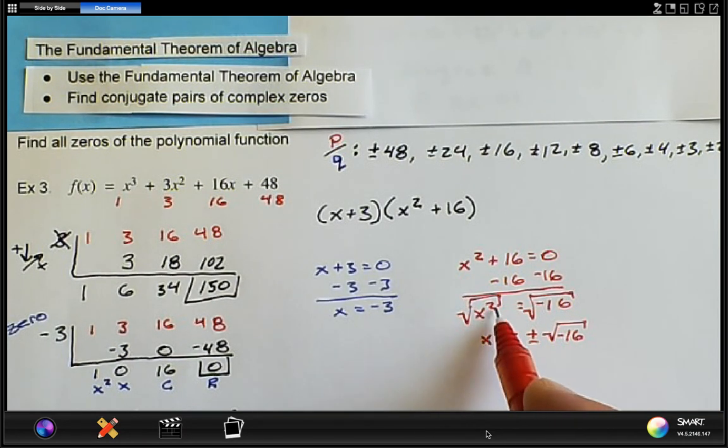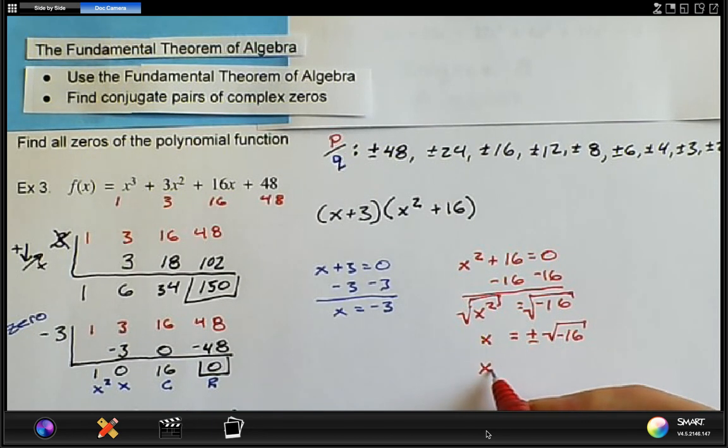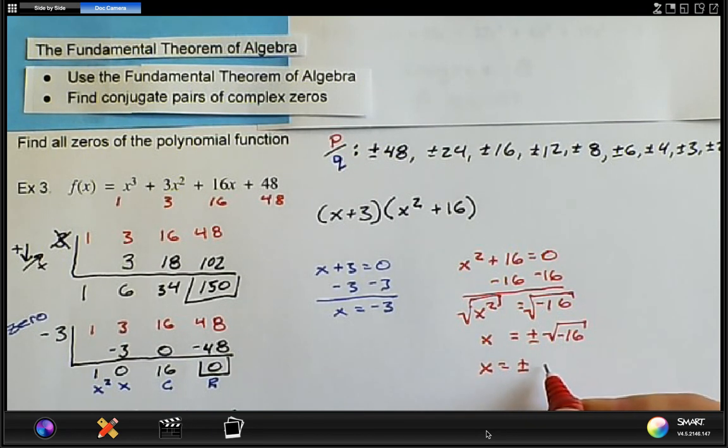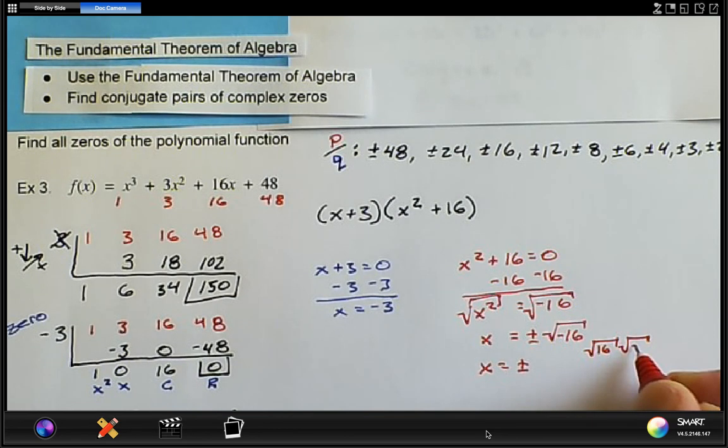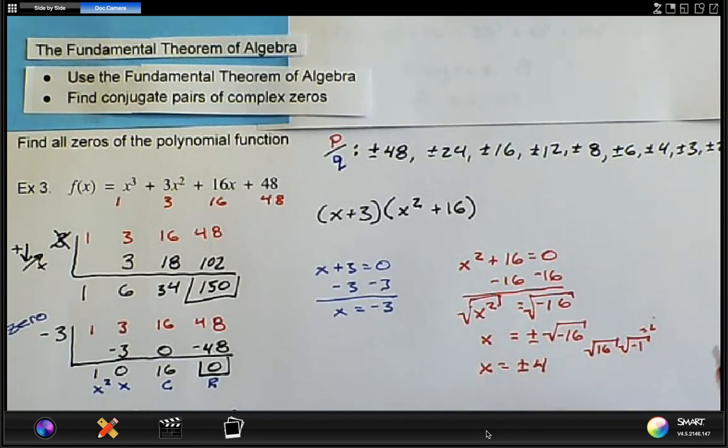Our square root cancels our square. Now we have a negative under the radical, and we can simplify this as x equals plus or minus the square root of 16 times the square root of negative 1. The square root of 16 is 4, and the square root of negative 1 is equal to i.